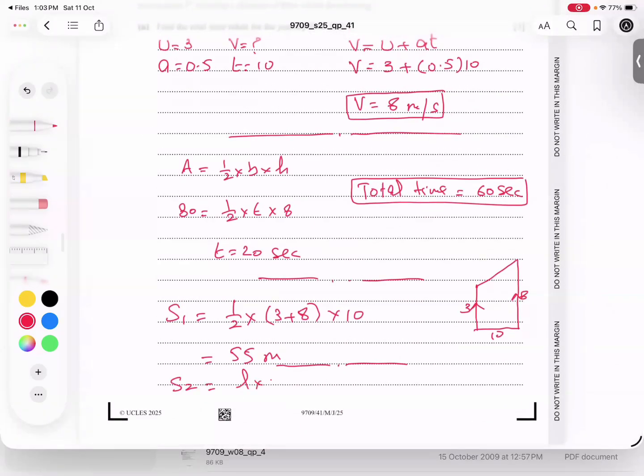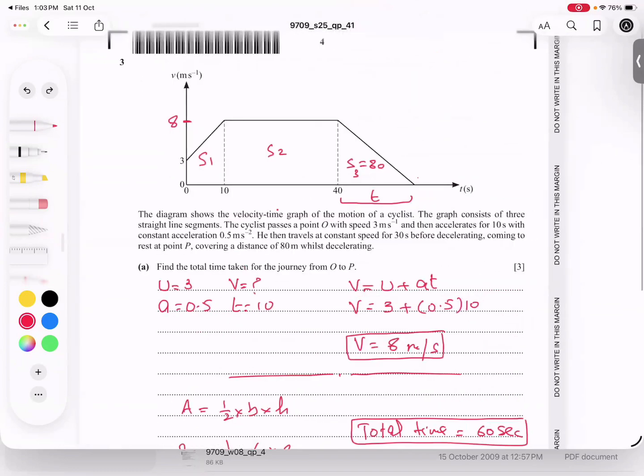Length into width. The width is 8 and the length is 30 seconds, so 240. So we got both distances, 55 and 240, and the last is 80. Now we know all three distances.